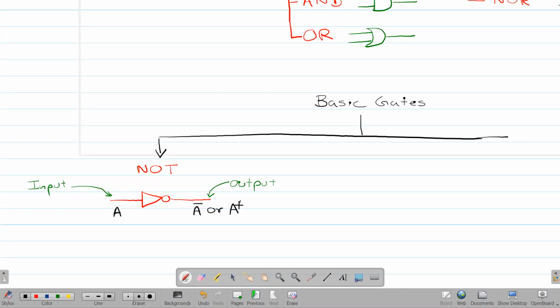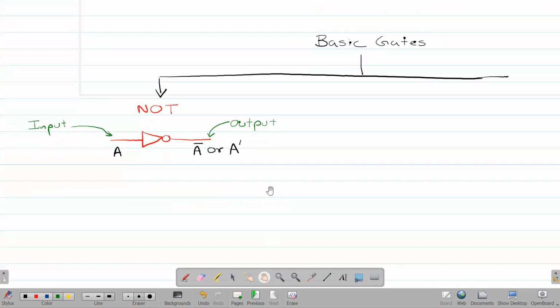What do you mean by this? What is A and what is A bar? That is described by a small table regarding a particular logic gate, which we call a truth table. In the truth table, we indicate the inputs as well as the output.